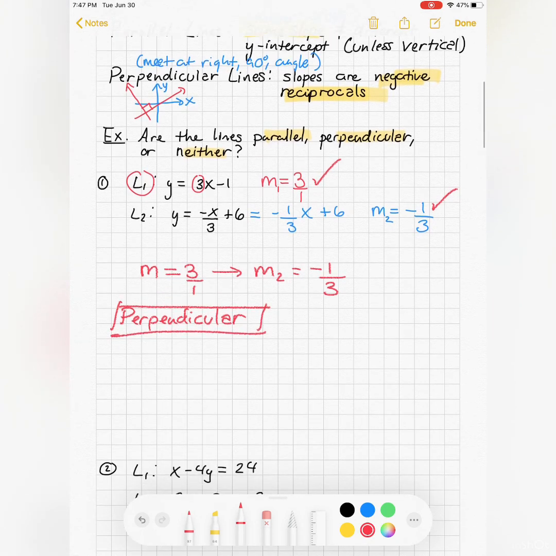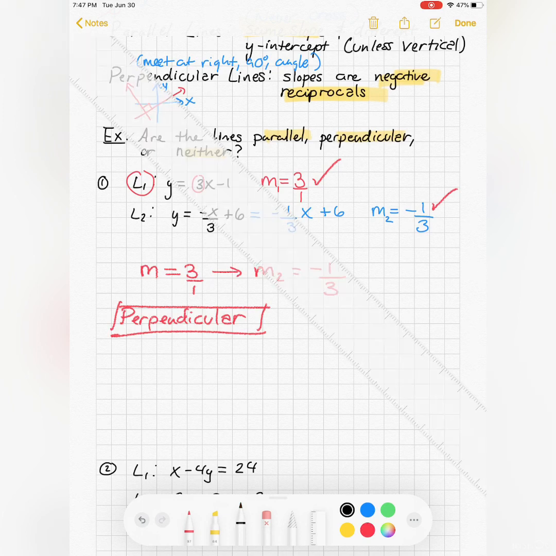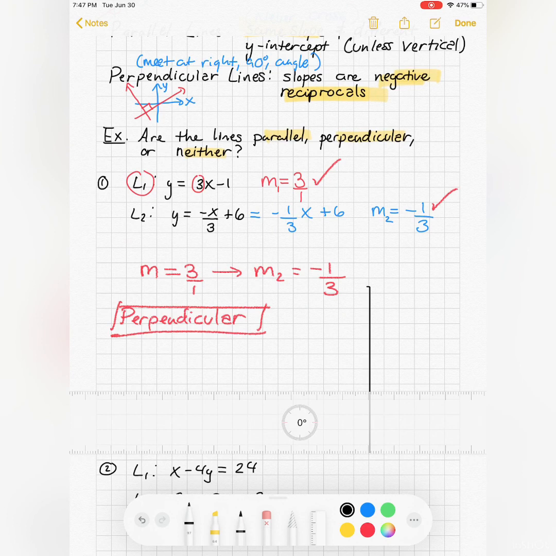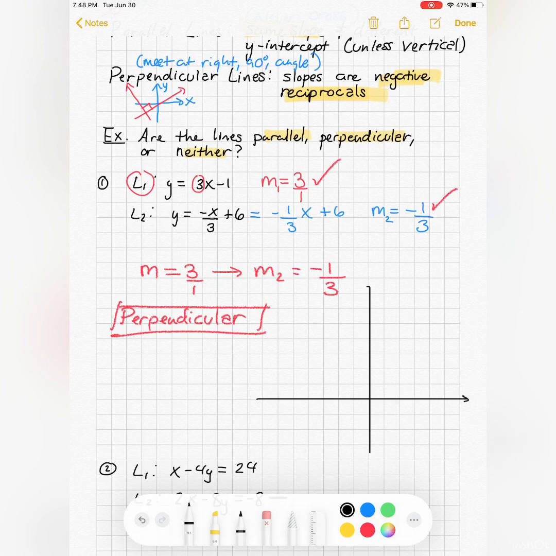Okay, do I need to graph them? I guess we can graph a couple of them just to demonstrate. I don't want to graph all of these. Okay, so line 1, let's see.